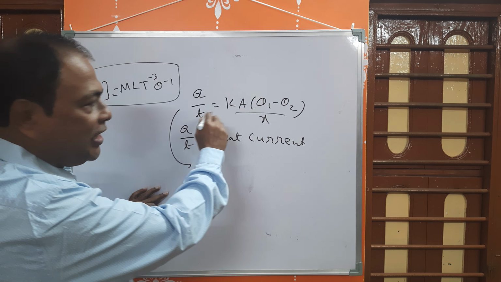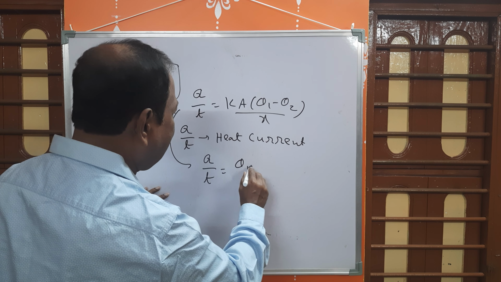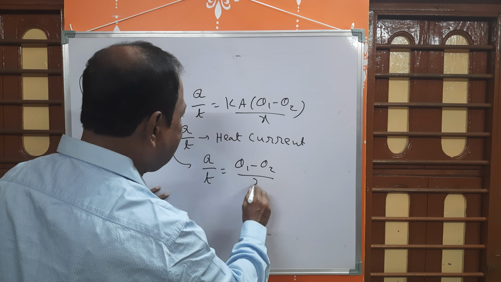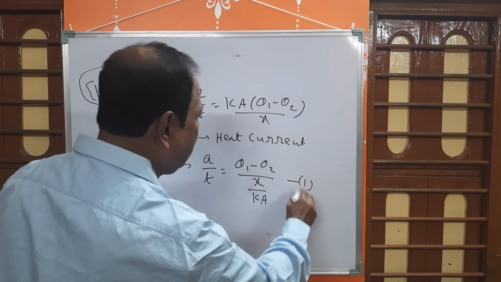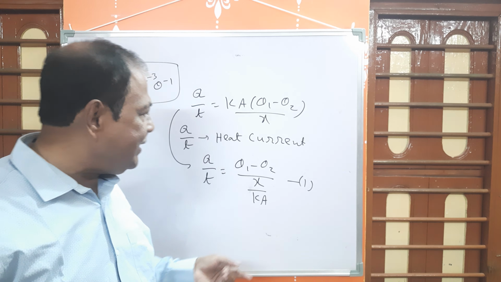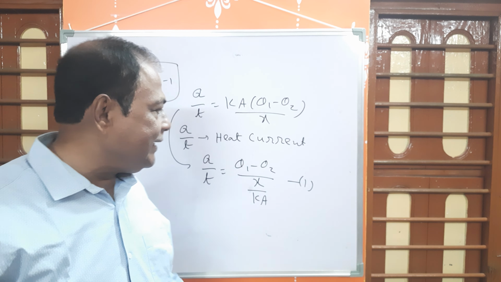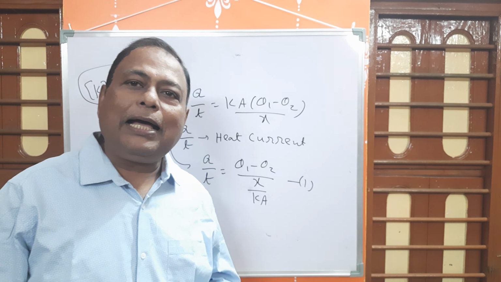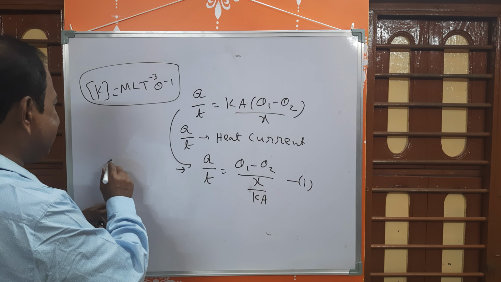So from this equation you can write Q by t is equal to (theta 1 minus theta 2) by (x by K A). That is your equation number 1. Q by t, the heat current, equals the temperature difference, by x by K A. This equation is called the heat current equation.